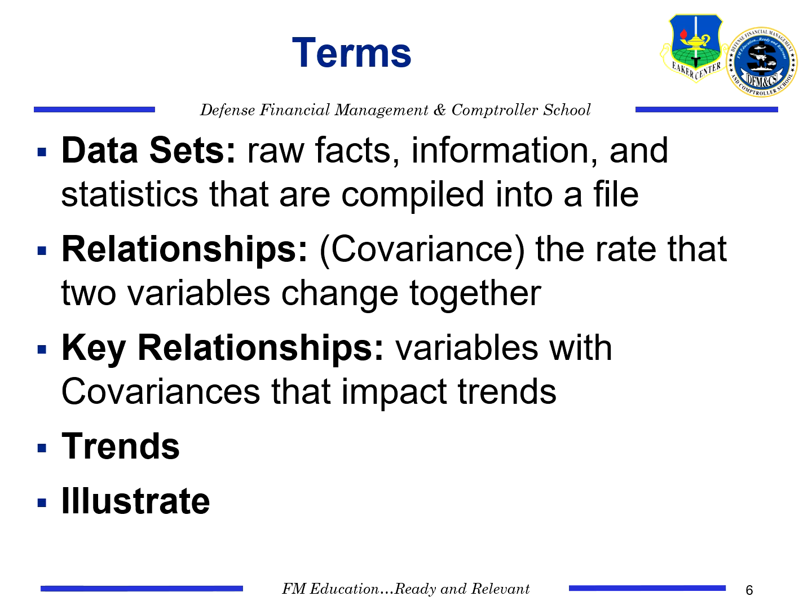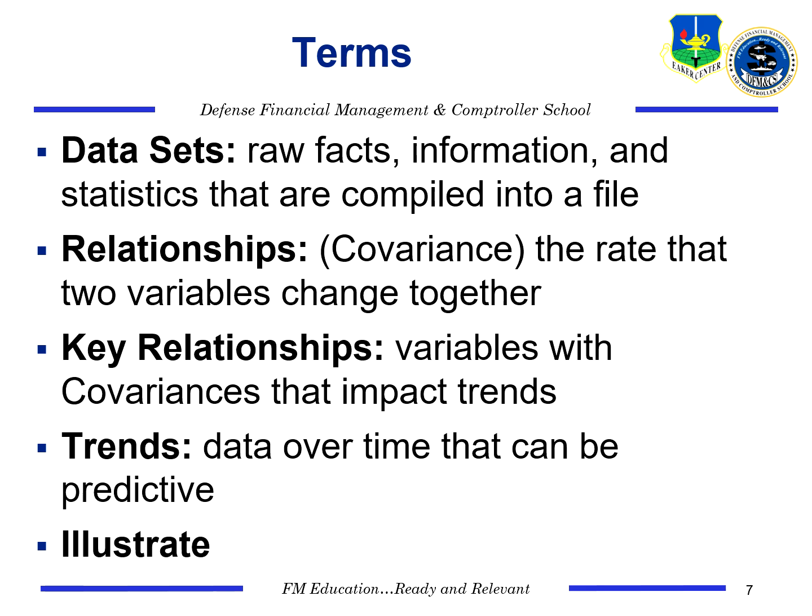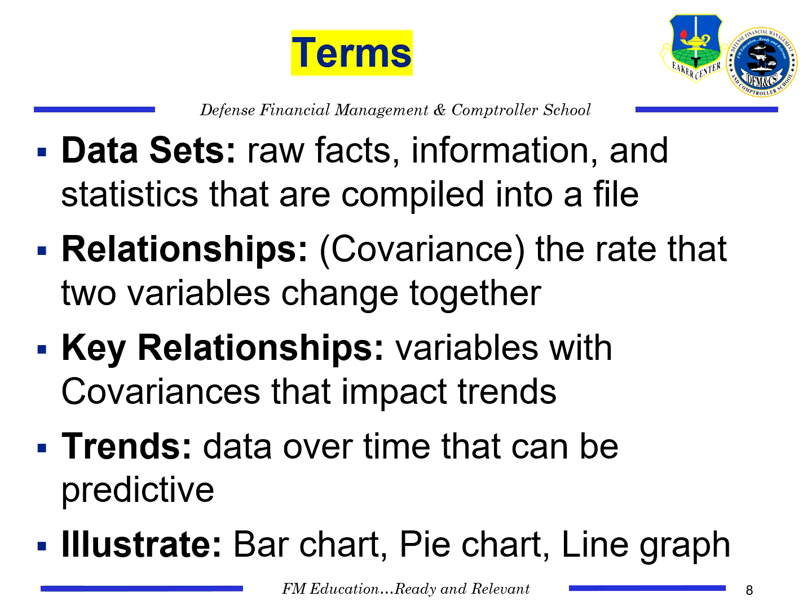Key relationships are variables with covariance that impact trends. Trends are data over time that can be predictive. And then for illustrate, here are some examples of charts that can be used.